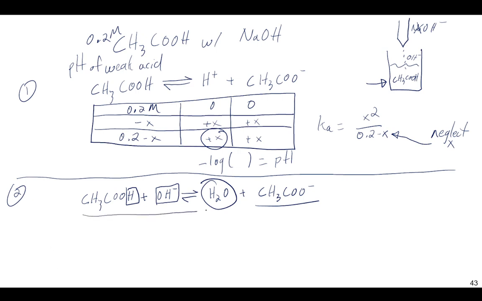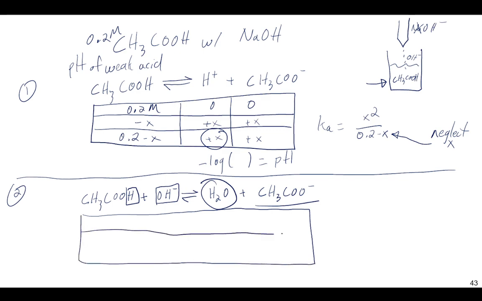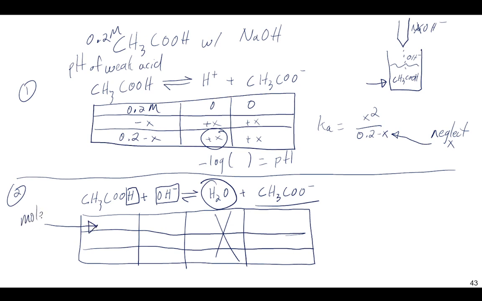Now, here you're going to calculate moles because now a volume is changing. Remember, in our ice charts for titrations, once the titration's begun, we're going to be using moles for our starting amounts of acid and base.